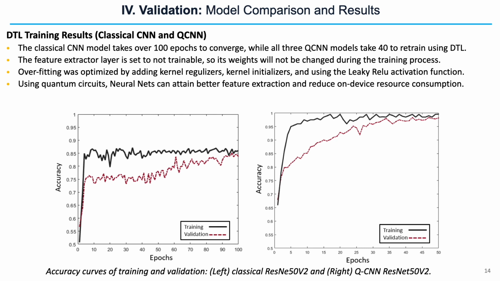We kept the deep transfer learning model the same, with the exception of using a quantum circuit and not using a quantum circuit. Using a quantum circuit really decreases the number of epochs we need to train our deep transfer learning network. Additionally, it increases performance by at least 10%.